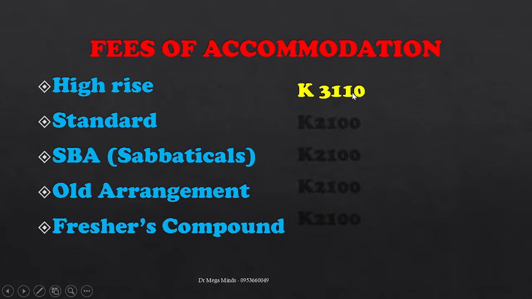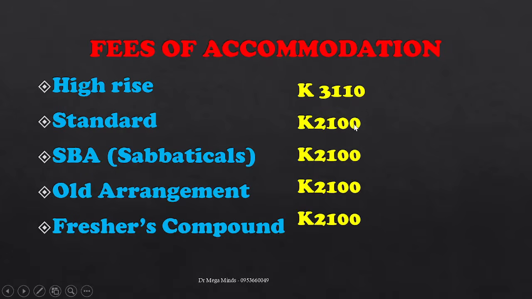Yeah, so high-rise hostels 3,100, and the rest of accommodation on campus is 2,100. So these fees are per semester. In semester 1, if you're in a high-rise hostel, you pay 3,110 kwacha, and if you are in any of these, you pay this amount.